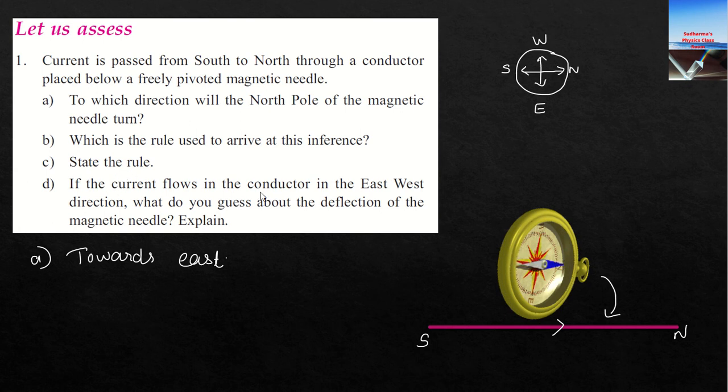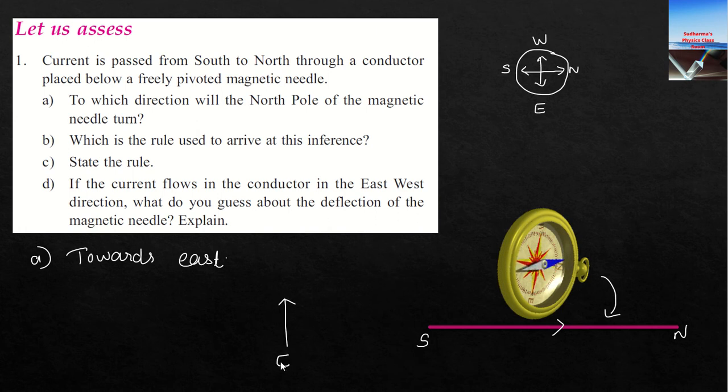Now, if the current flows in the conductor in the east-west direction, what do you guess about the deflection of the magnetic needle? Explain. If the current is in the east-west direction, we can easily apply our right hand thumb rule.